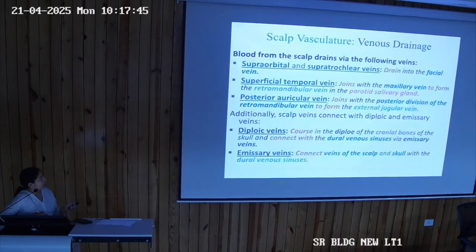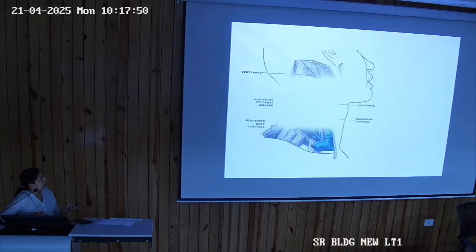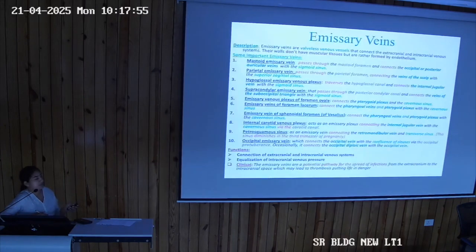Before coming to the arterial and venous drainage, let me first finish these emissary veins and the diploic veins. Emissary veins, we have discussed, are the veins connecting the intracranial and the extracranial venous systems. These are valveless and they don't have muscular tissue, only the endothelium is present. These are some important emissary veins that you will study during the osteology of the skull.